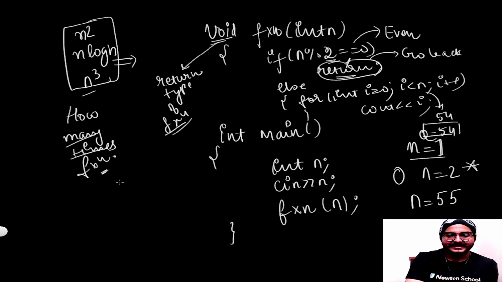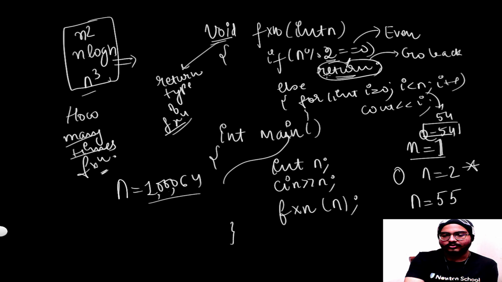Now say I send n equals 1,64,000. This is an even number, so this loop will not run at all, and we will get no output on the screen.